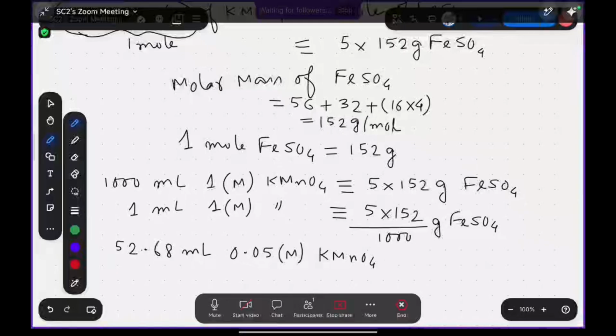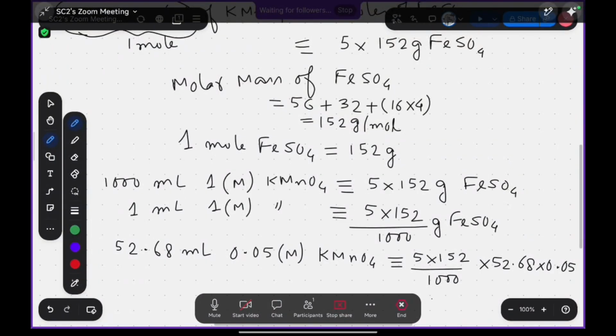Understood? So the answer becomes 5 into 152 by 1000 into 52.68 into 0.05.